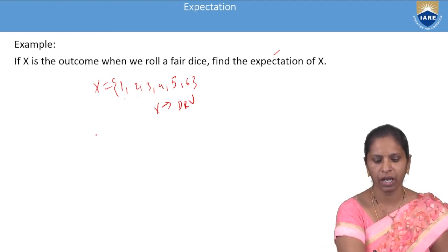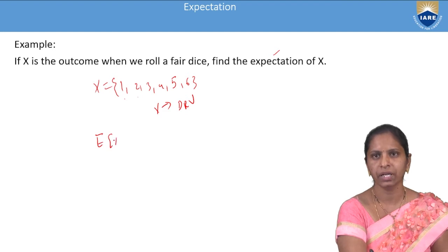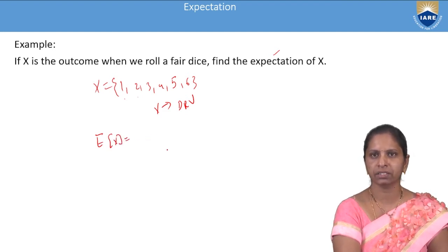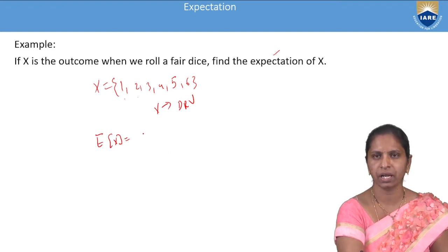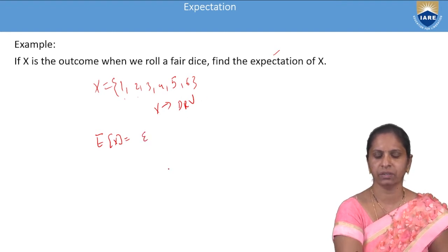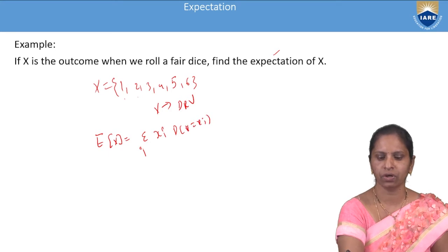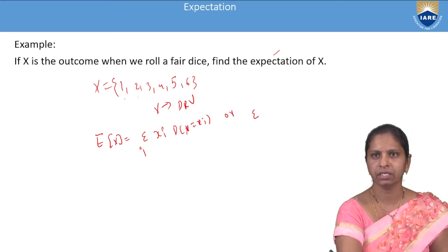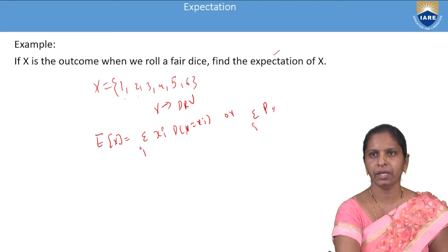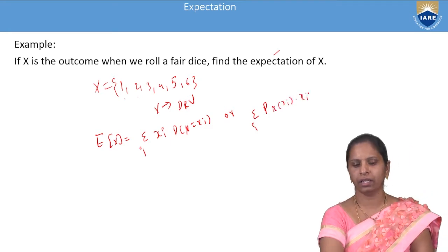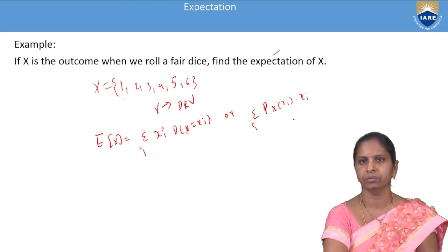Now we have to calculate the average or expectation of x. For a discrete random variable, u of x is sigma i of xi into p of x equals xi, or you can write it as sigma of xi into px of xi. In any manner you can write the formula.